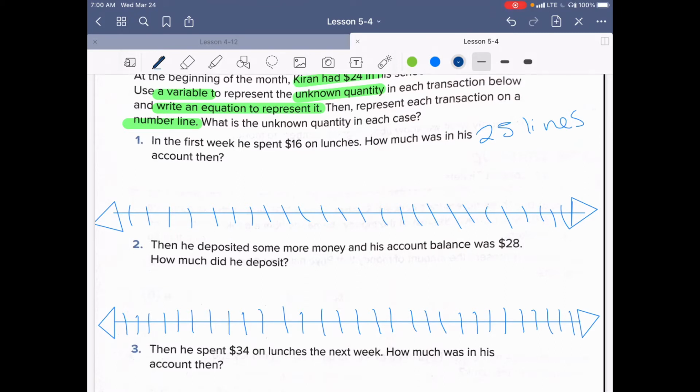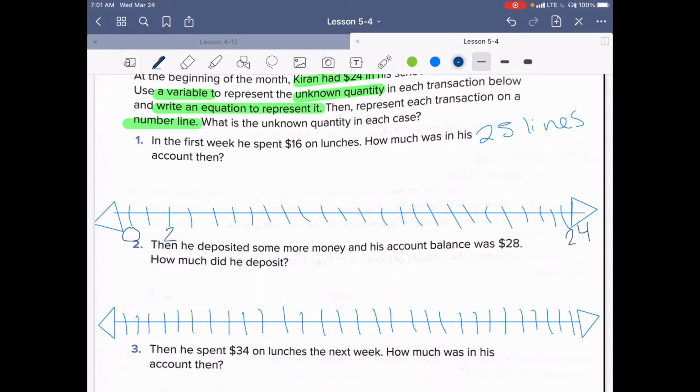Well, he started off with $24. So I drew here a number line with 25 lines. So I can put 24 over here and 0 at the beginning. And then I can skip count by 2s every other line until I get up to 24.